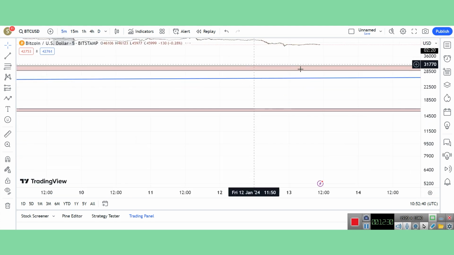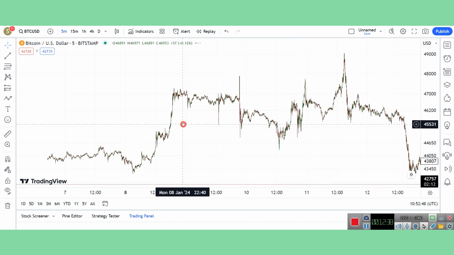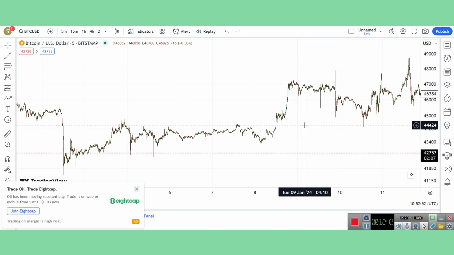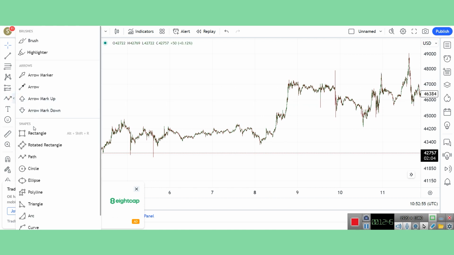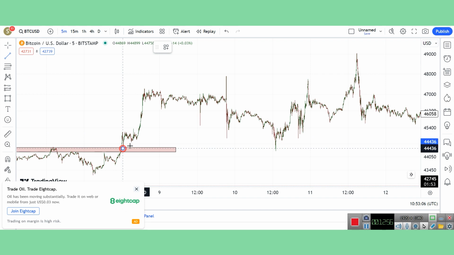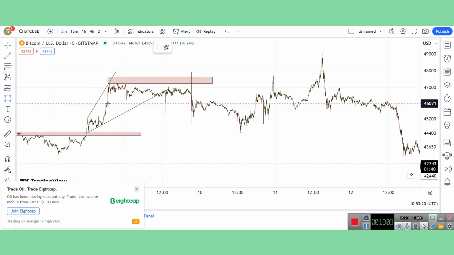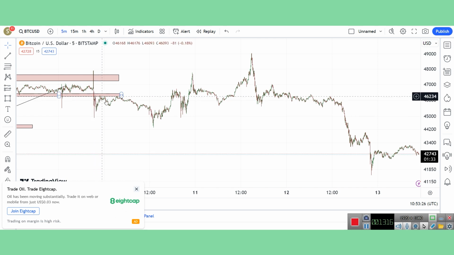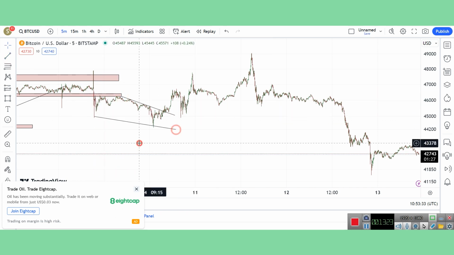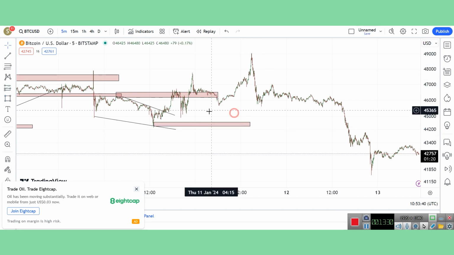Let's go to the 5 minutes time frame and remove my drawings to see some more examples. Okay, here we have a very important resistance zone, breakout here, and it goes to a channel and then a trading range. Again, breakout and channel and then trading range.